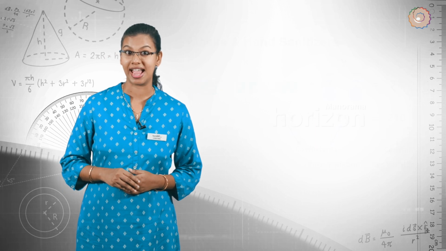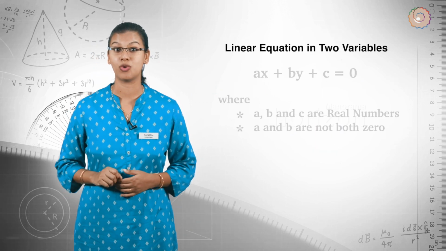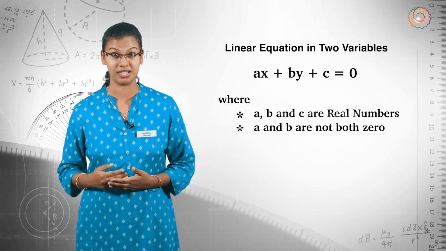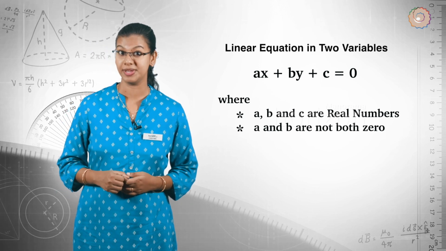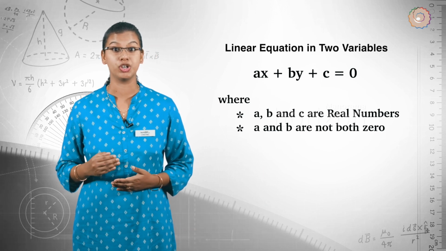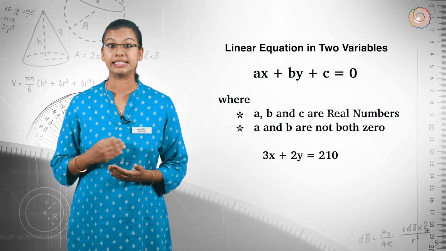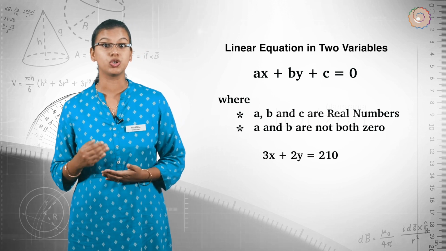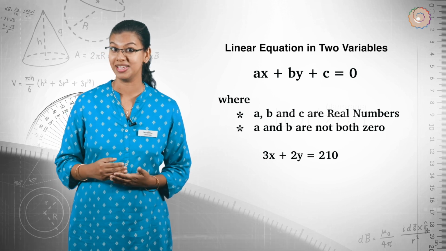So, we can define a linear equation in two variables x and y in the form ax plus by plus c equal to 0, where a, b and c are real numbers, and a and b are not both 0. So, in the equation 3x plus 2y equal to 210, let's find out which is a, b and c.